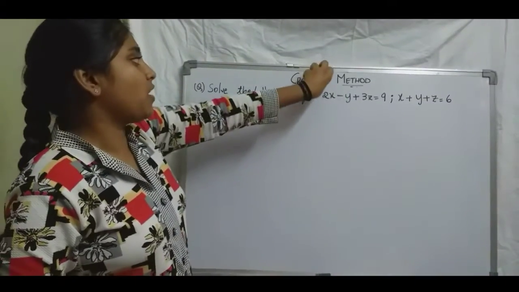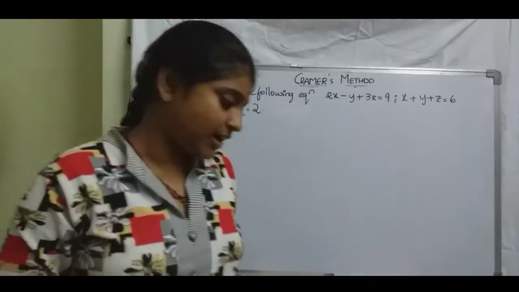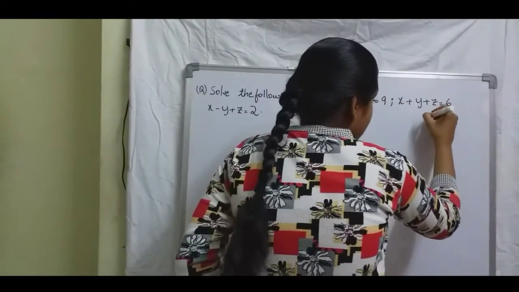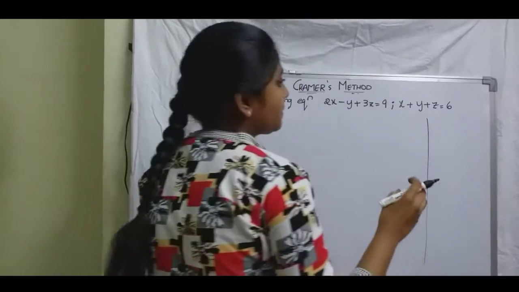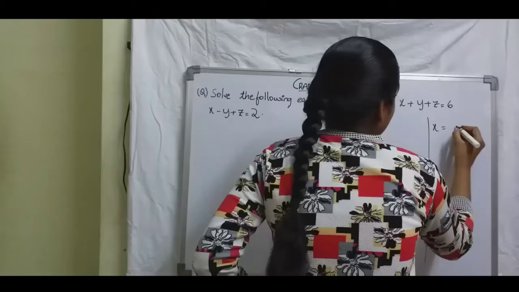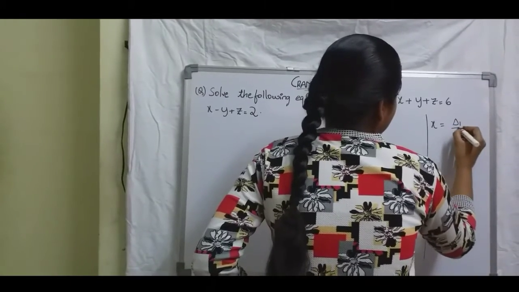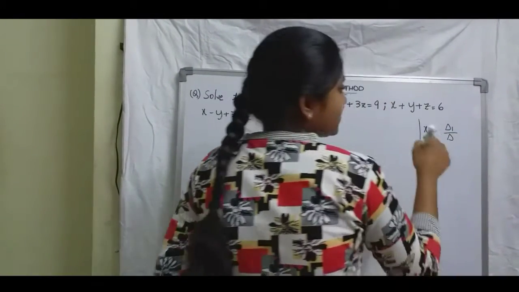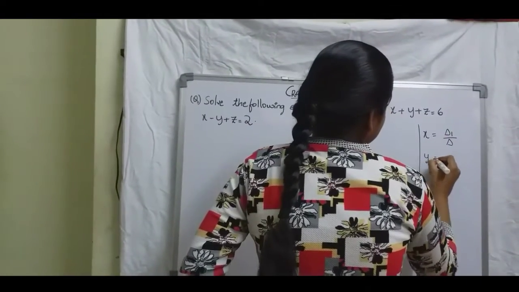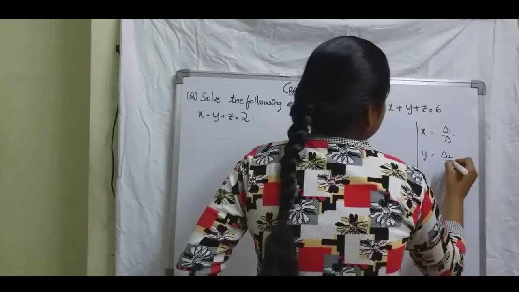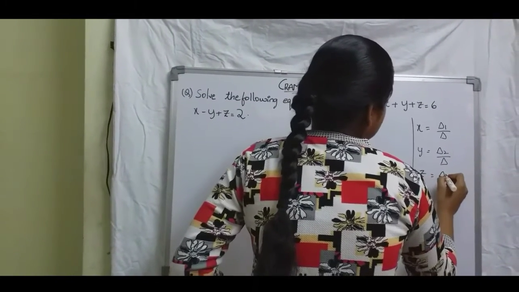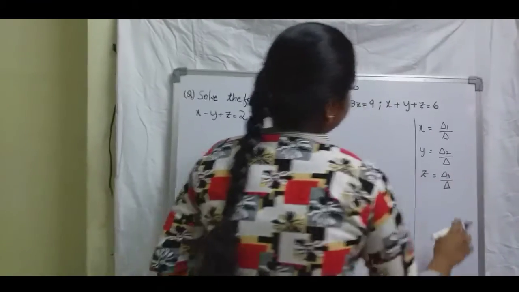The first method to solve is Cramer's rule, and we need to follow some steps, like a property. x equals delta 1 by delta, y equals delta 2 by delta, z equals delta 3 by delta.